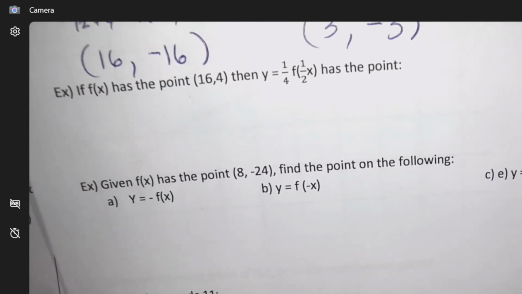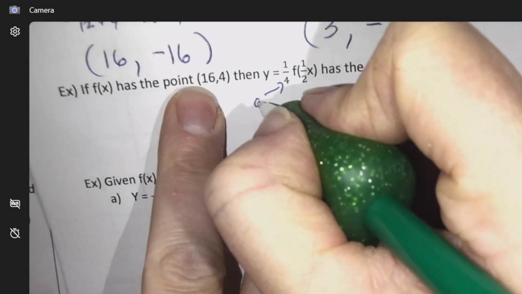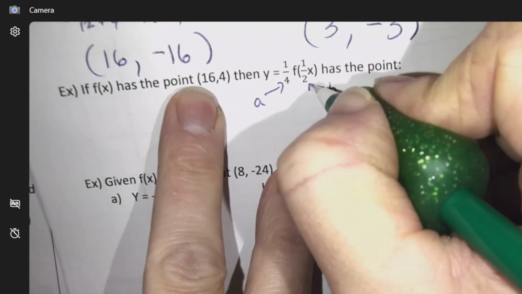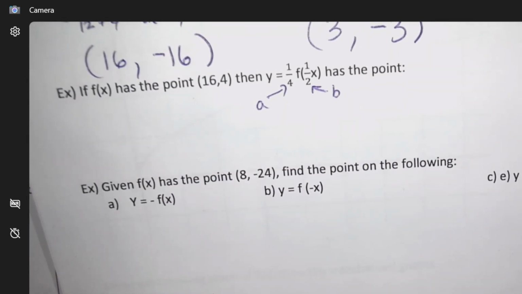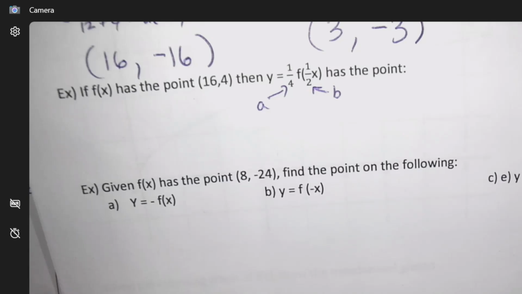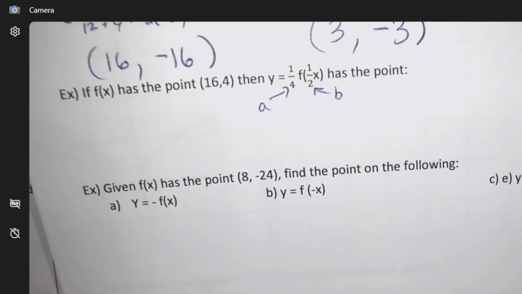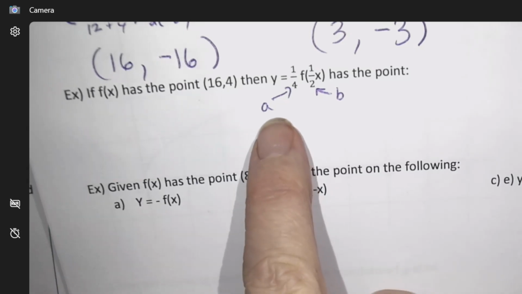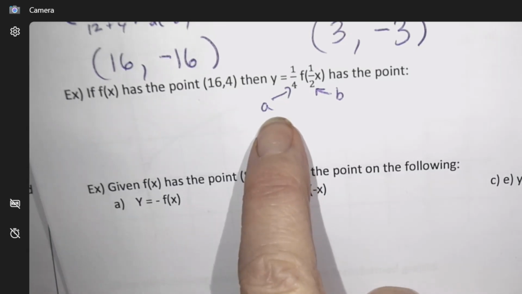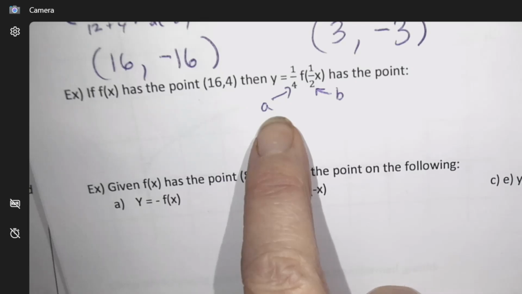All right, so this one has an A and a B value. Okay, I'm going to really test you out here. What are the words of this? What does an A do? It changes Y, so I'm going to start you out with a vertical is the first thing.